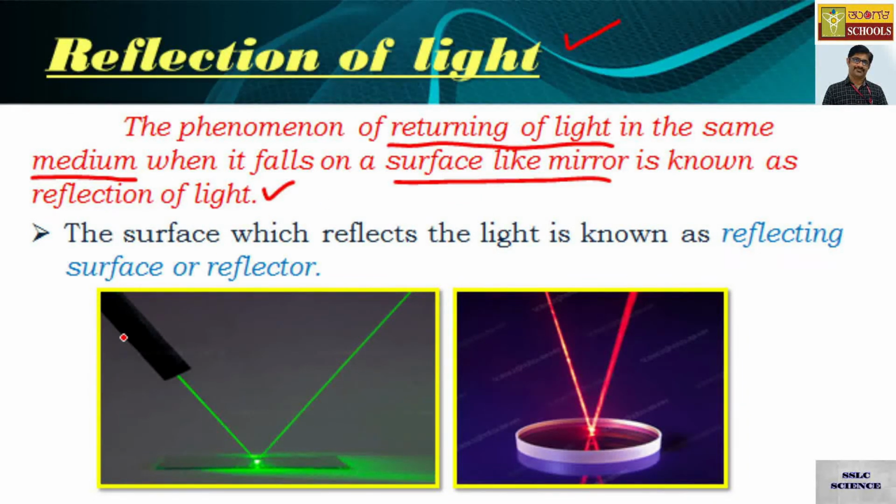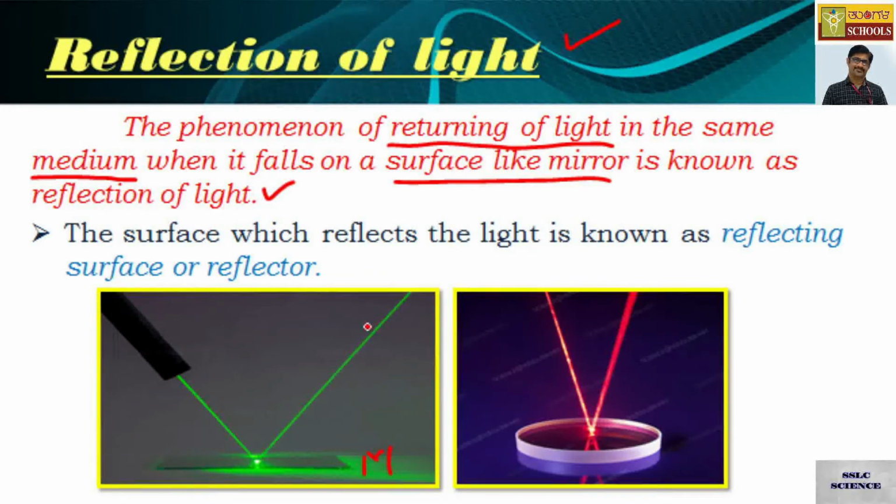Here in this picture, we are having two beams of light. Here we are having a mirror-like surface, or simply take it as a mirror, no problem. Different kinds of mirrors are in these pictures. So whenever light falls on a mirror-like surface, it returns to the same medium.